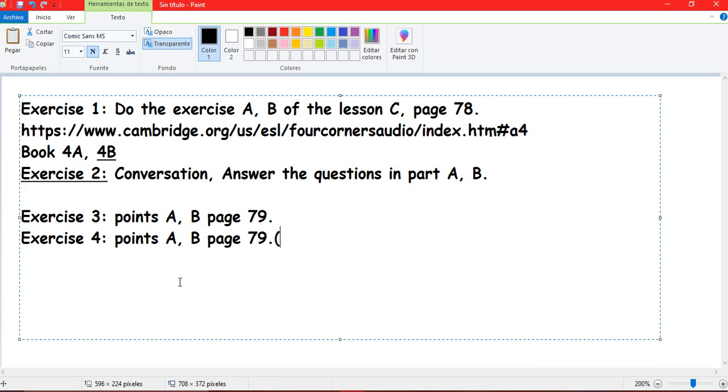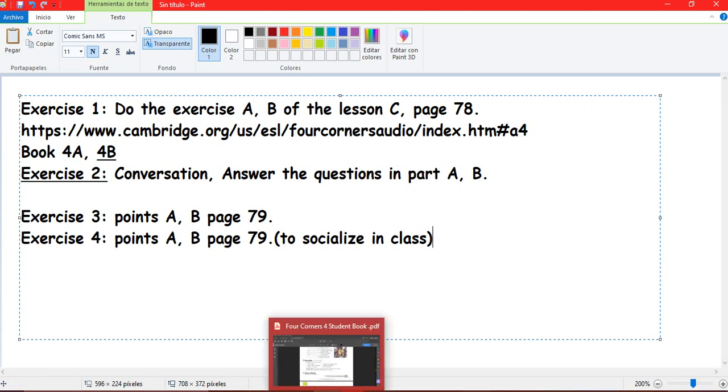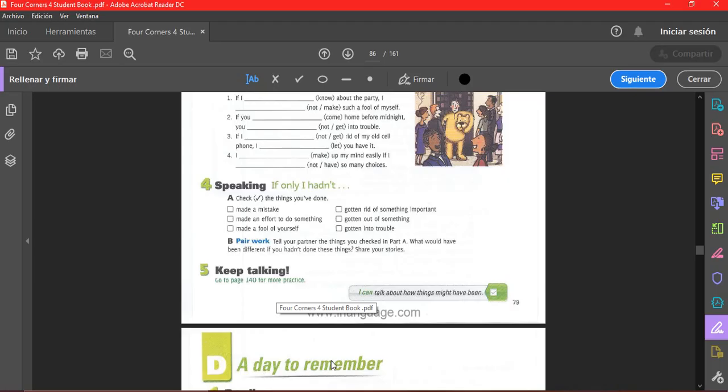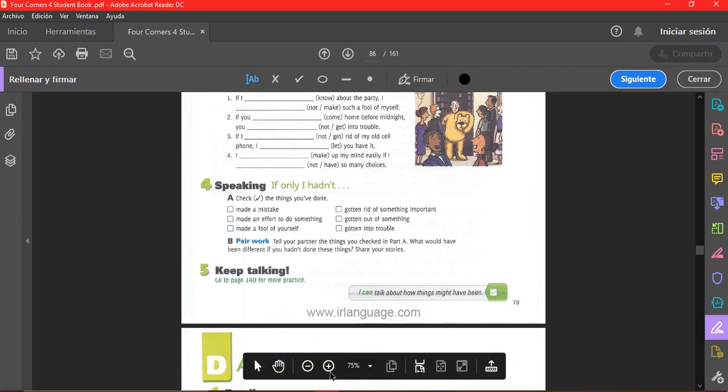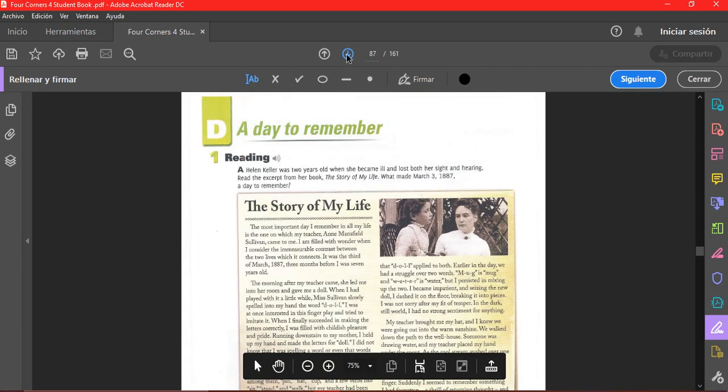In this case, this exercise is to practice, or to socialize, I'm sorry, in class. So this point is not going to be written. This point is going to be socialized in class. This is what we're going to do for the next class to make a verification of this. Now let's go with the next lesson.